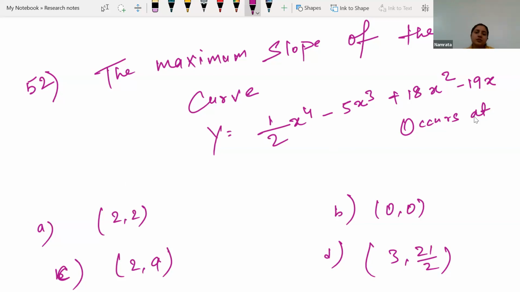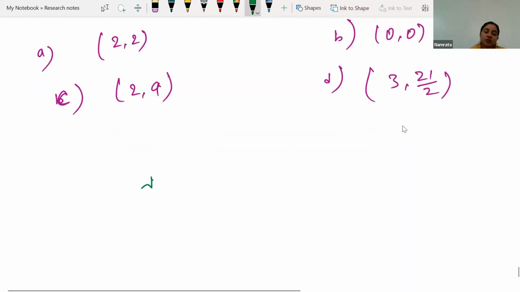Here we just have to find the point where the function is maximum, right? But one thing we need to be clear about is maximum slope. Slope means dy dx, the first derivative we take to get the slope.